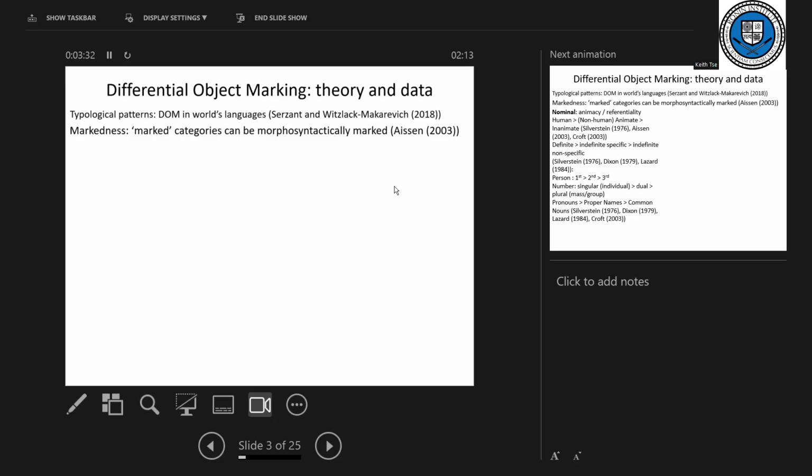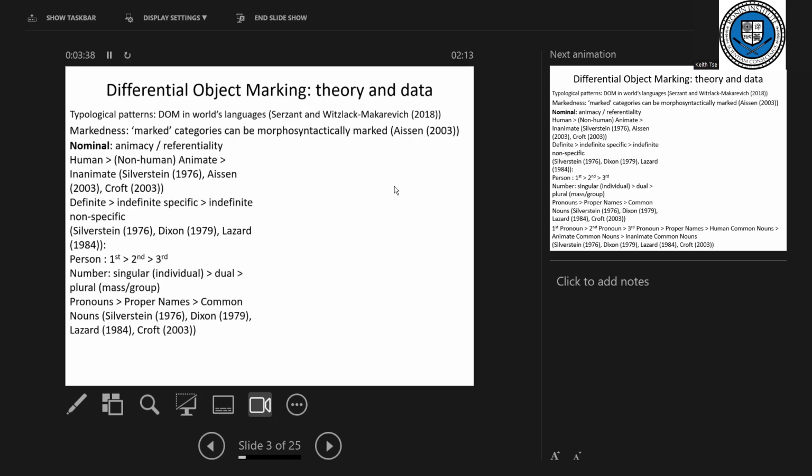The idea is that certain marked categories can also be morphologically marked. In the nominal domain, the two main factors are animacy and referentiality. These are some of the well-known factors that have been looked at. Just a brief word on them.